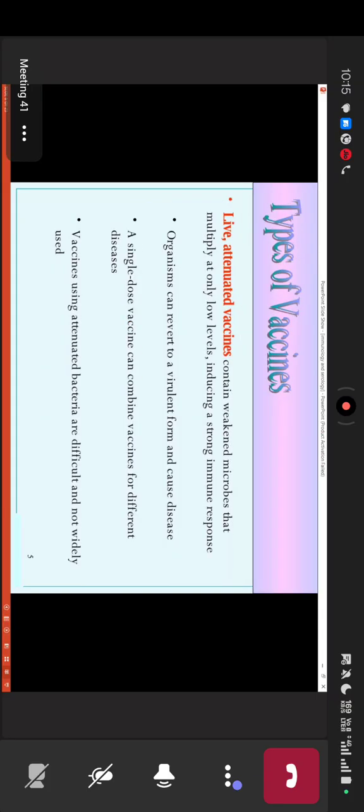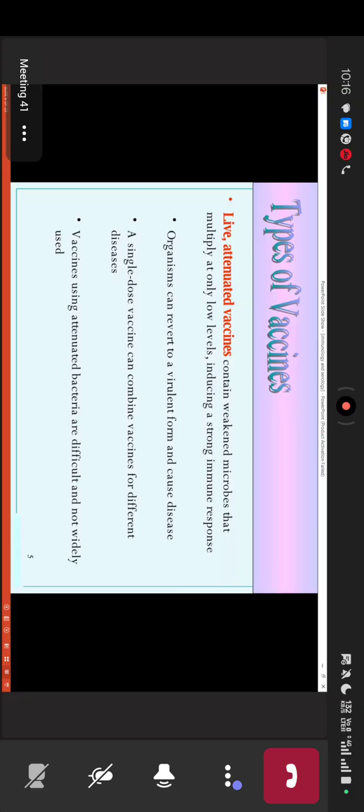Types of vaccines. What are the different types of vaccines? The first one is the live attenuated vaccine. In this type of vaccine, we use microbes by weakening them. First, we weaken or alter the microbes, and then we multiply them. We alter their properties so that they can multiply only at a low level, so they do not cause any harm to the individual, but they induce the immune system to produce antibodies in advance, right?